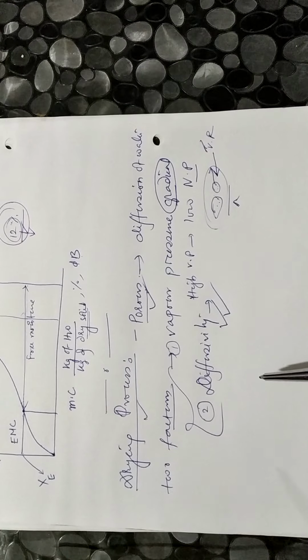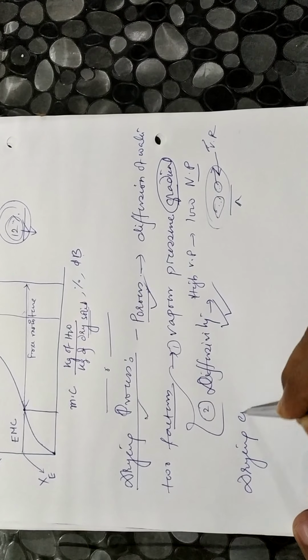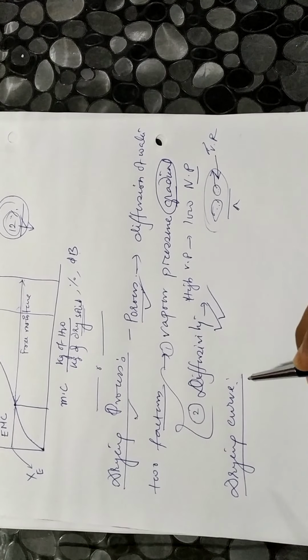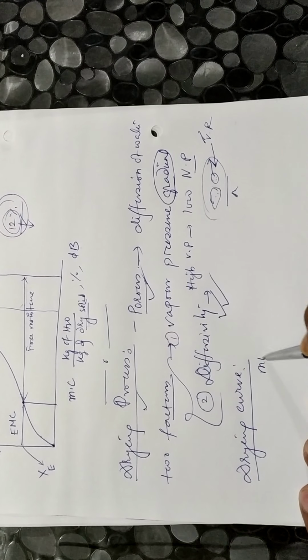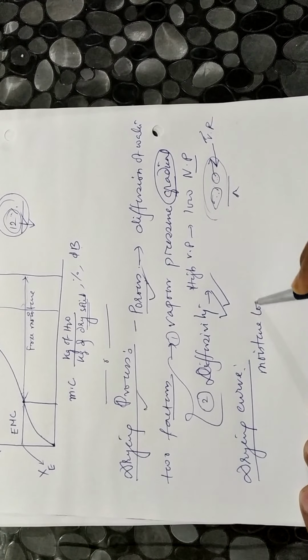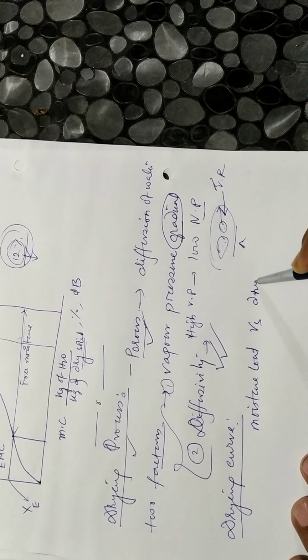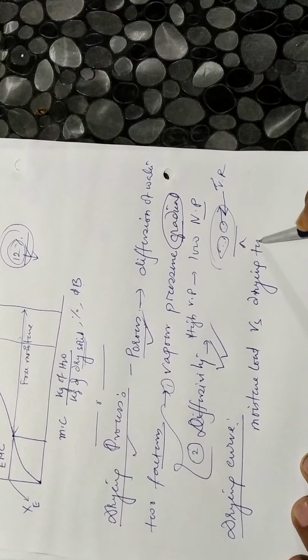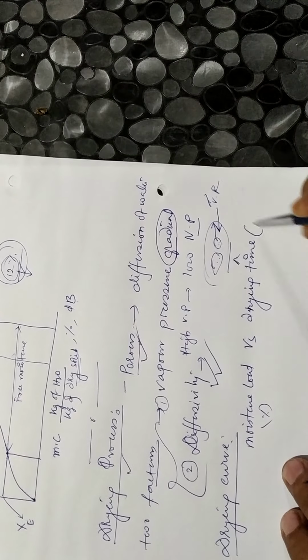The first relationship, which is also called the drying curve, is simply the plot of moisture content versus drying time. Moisture content is in percentage, drying time is in hours.